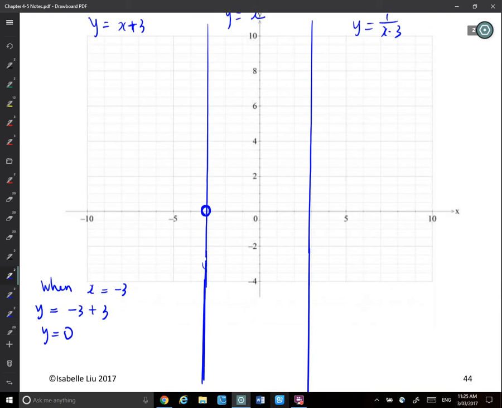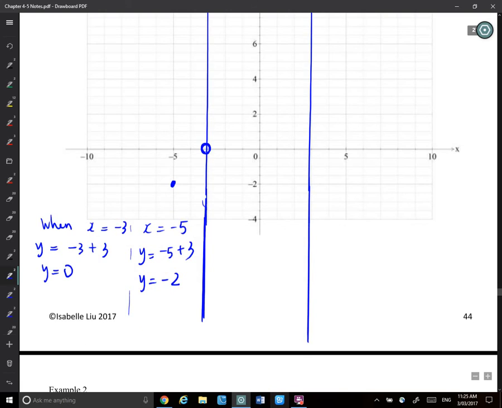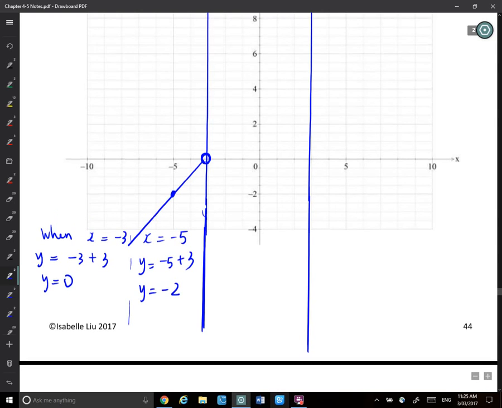So I will put maybe x equals -5. y will equal -5 plus 3, y equals -2. So I'll have a point here, which is a closed circle because I can take that point. And because it's linear, I can connect them.